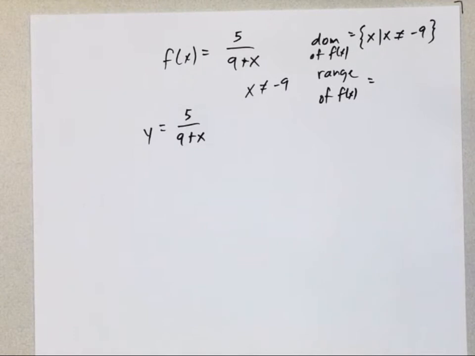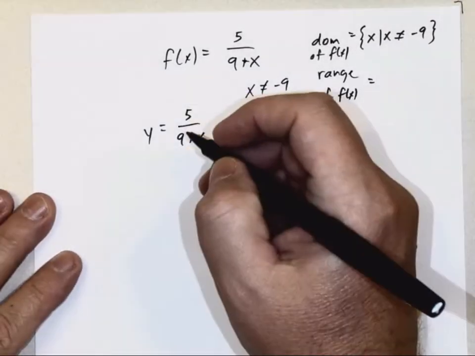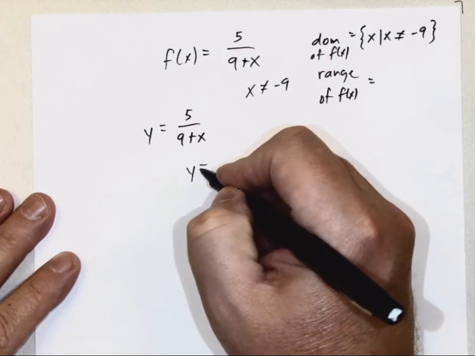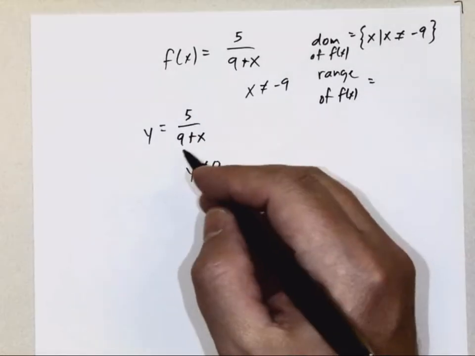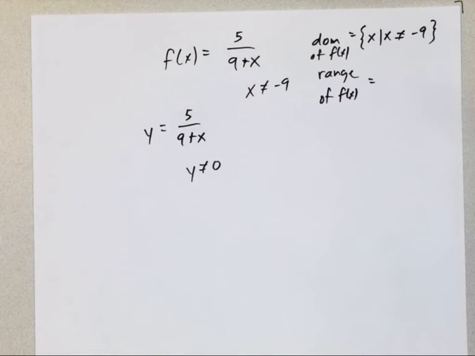Actually, there's only one number it looks like y cannot be, and this is a little tricky: y is never going to equal 0. Do you know why that's true? We've got a fraction here. The only way a fraction can be 0 is if the numerator, or the top, is 0. But in this case the numerator is a 5, just a constant.